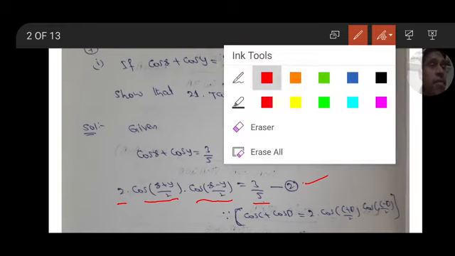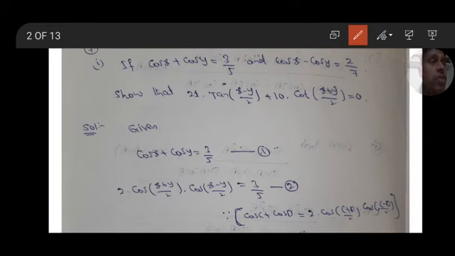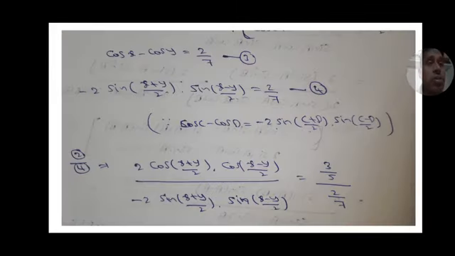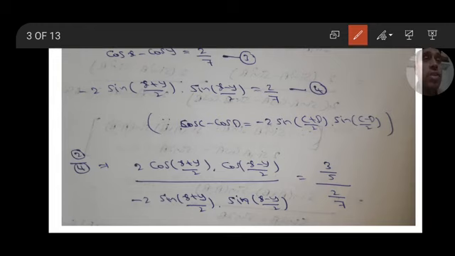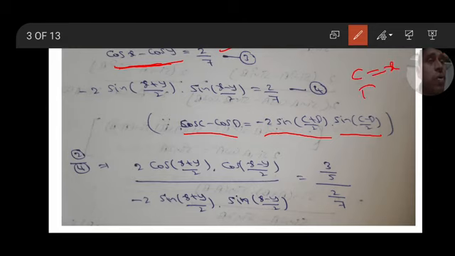Next, the second given equation is cos x minus cos y equal to 2 by 7. It is of the form cos c minus cos d. The formula for cos c minus cos d is minus 2 into sin of (c plus d) by 2 into sin of (c minus d) by 2, where c equal to x and d equal to y.